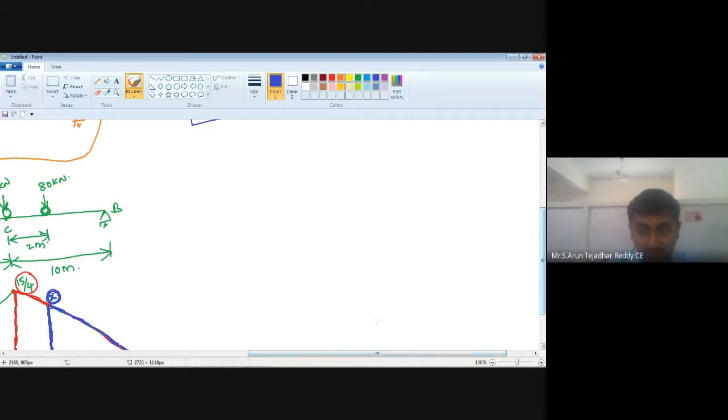Just listen carefully. First of all, before finding the bending moment at C, we can draw the given diagram. Then only you can easily understand. Loads are 200 kilonewton and 80 kilonewton.